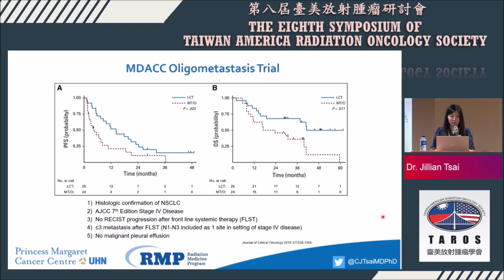So that was their definition of oligometastases. You can see that when adding local therapy in the form of SBRT or surgery, so these patients actually could get surgery for their metastatic disease, the addition of local therapy improved overall survival and progression-free survival.